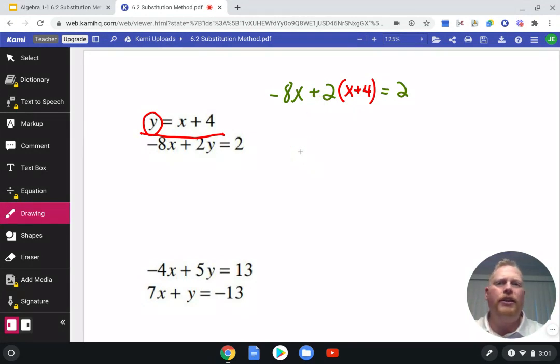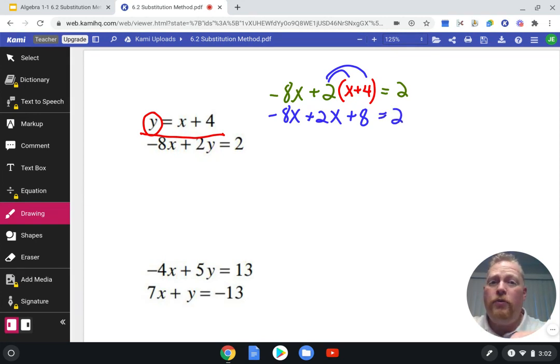So now step 3, let's work out this mega equation. Let's distribute the 2. So that's 2x plus 8. And then after we distribute, we always collect like terms. So negative 8x and positive 2x makes a negative 6x.